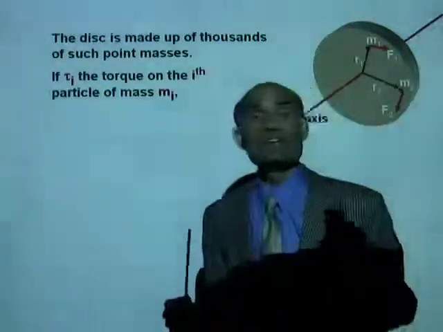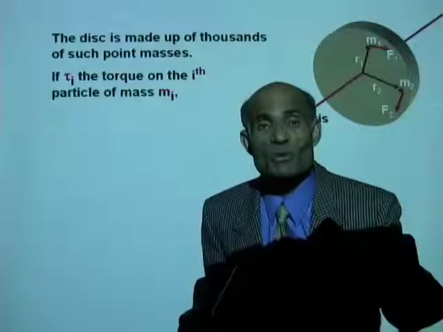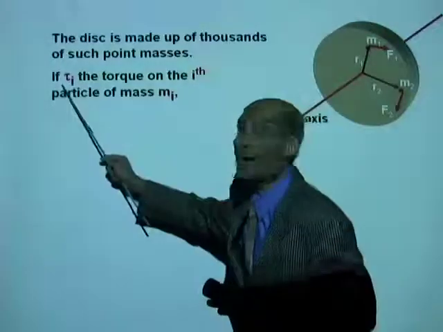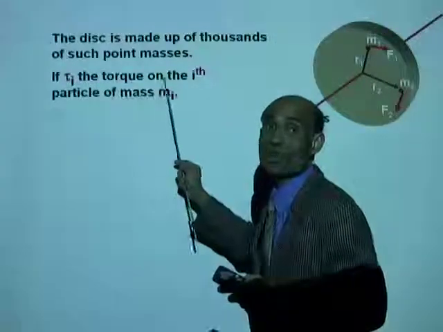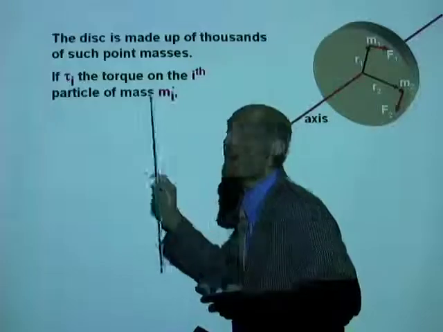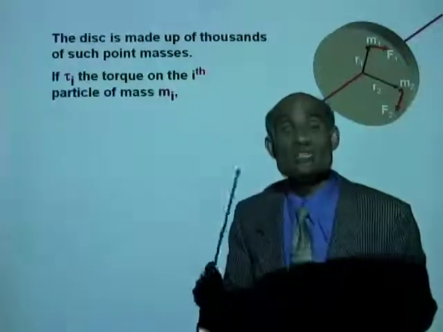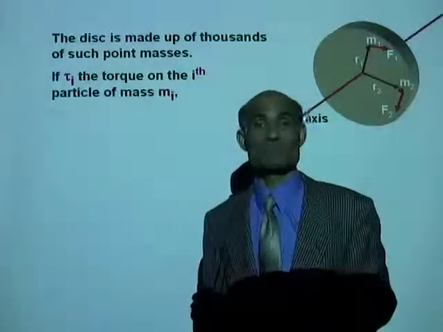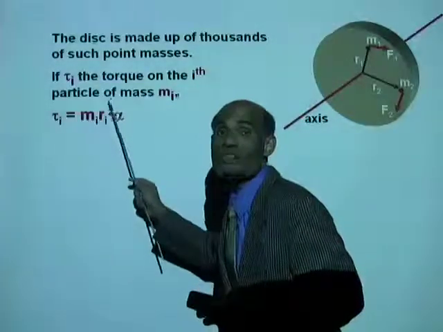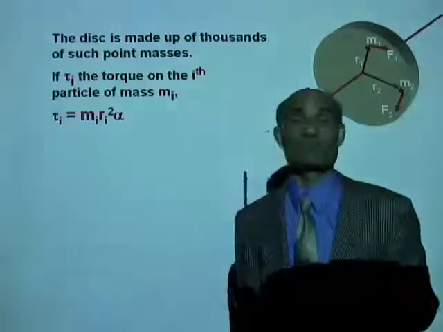If you take the 100th particle, then i will be 100. So if tau i is the torque on the ith particle of mass mi, what will tau i be equal to? Tau i will be mi ri squared alpha. Okay.